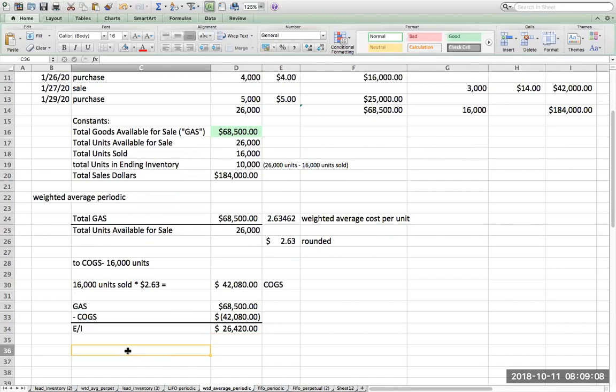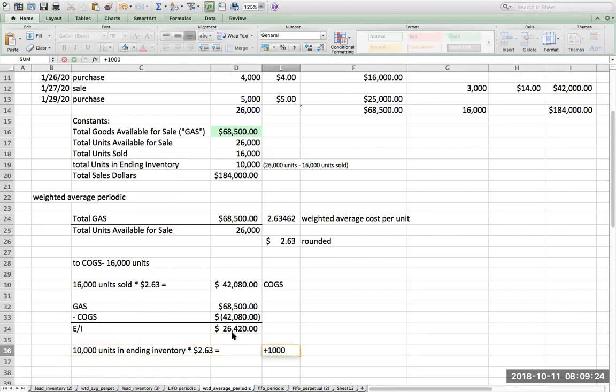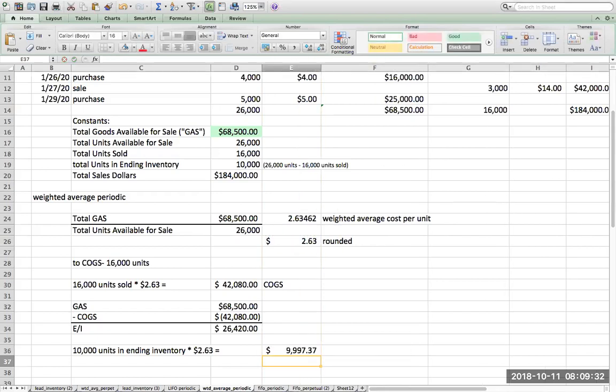The way I can check my work is that if I take 10,000 units in ending inventory and multiply that by $2.63, I'm going to get 26,300, which is slightly less than this because I'm using the rounded number.